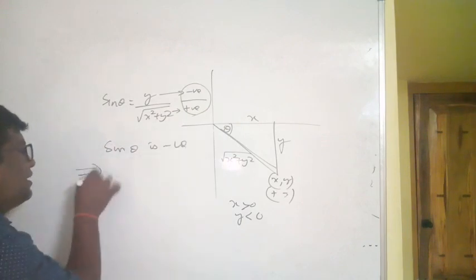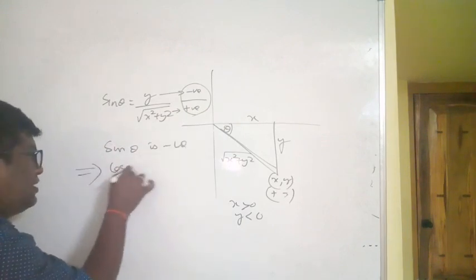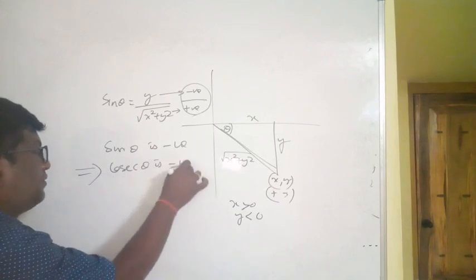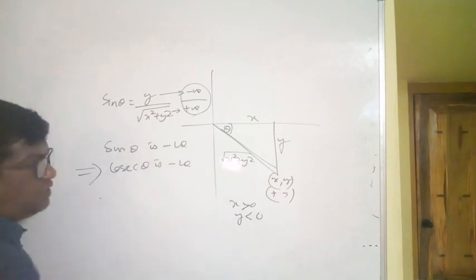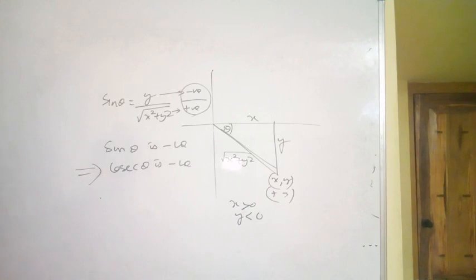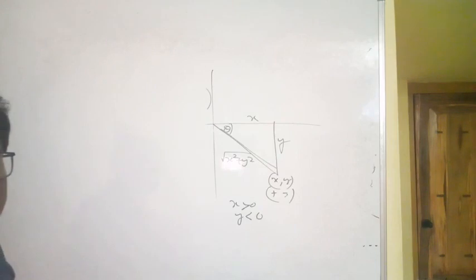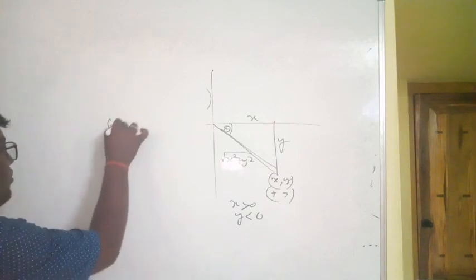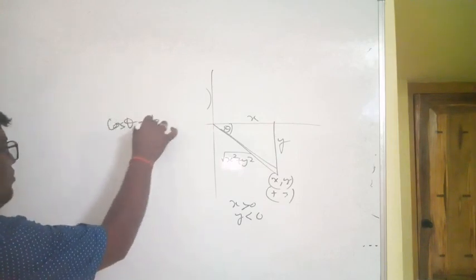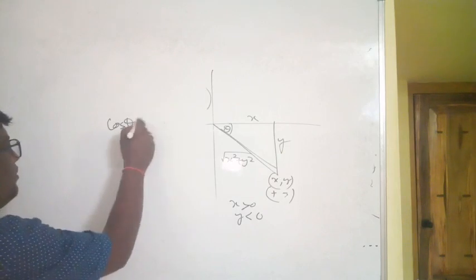If sin theta is negative, that implies cosec theta is also negative. Now for cos theta, cos theta is equal to b by h. What is b?